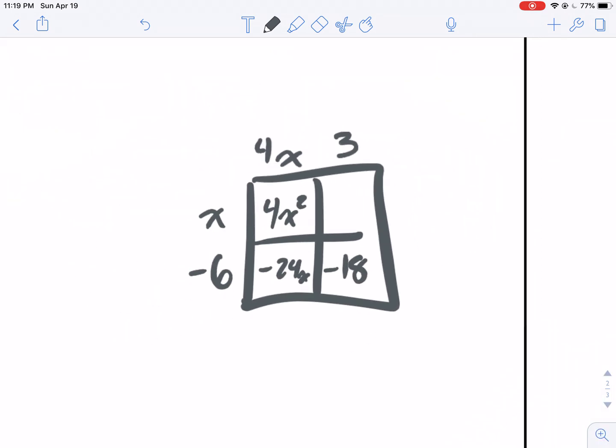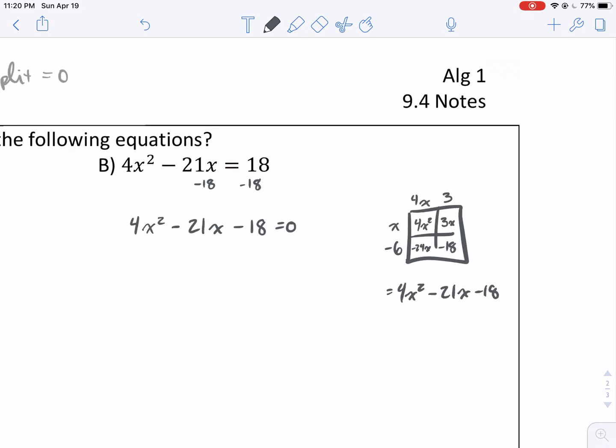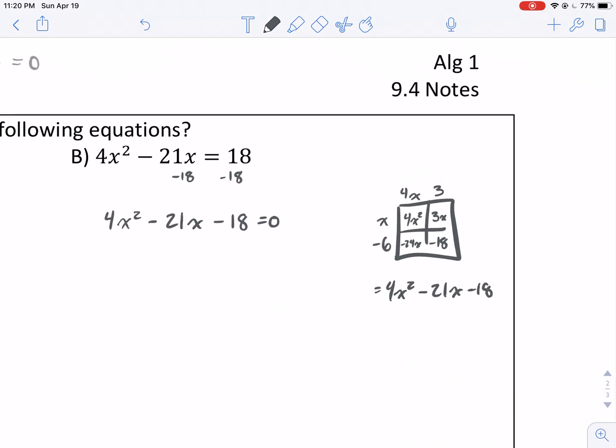I'll zoom in so you can see what I'm doing and so I can write a little more clearly. Negative 24x plus 3x will in fact give us 4x squared minus 21x minus 18. So that's what we're going for. Awesome. So this factors into 4x plus 3 times x minus 6.